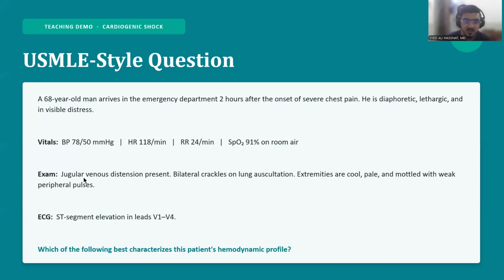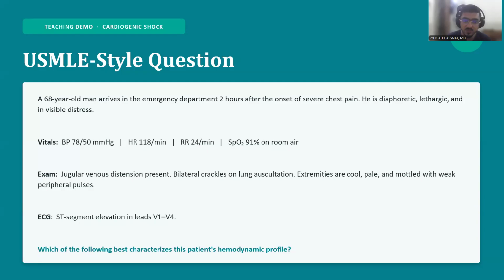On the exam, you can see JVP distension is present, bilateral crackles are there, and extremities are cold, pale, and mottled with weak pulses. The ECG reveals ST segment elevation in the leads V1 to V4. I'm pretty sure that from this scenario, you have diagnosed what the patient has gone through. But let's see what the question asks us.